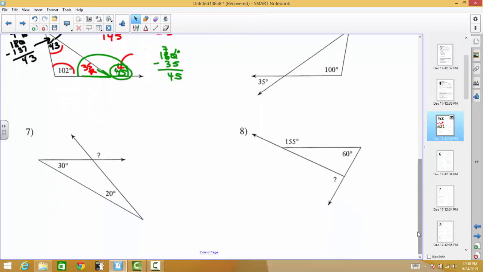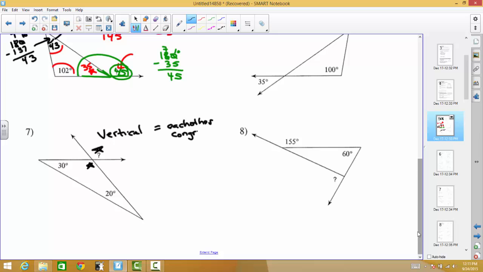And if you go one more right below, if we find this angle, that would be the same as this angle, because those are vertical angles, and vertical angles are congruent. So we're going to add 30 and 20.